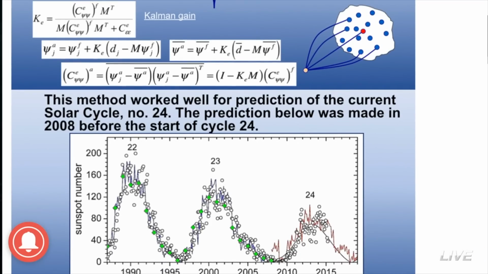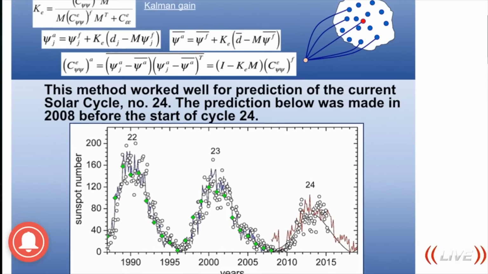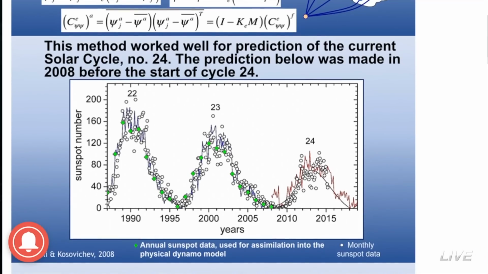This method worked well for prediction of the current solar cycle number 24. The prediction below was made in 2008 at the start of solar cycle 24. So here are the predictions that they were looking at for solar cycle 24. The white dots are the monthly sunspot data.